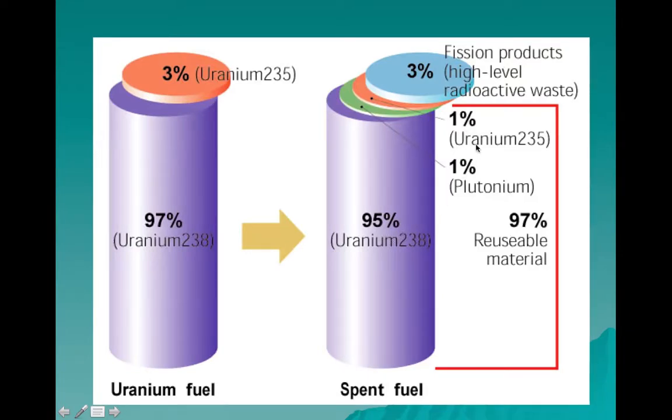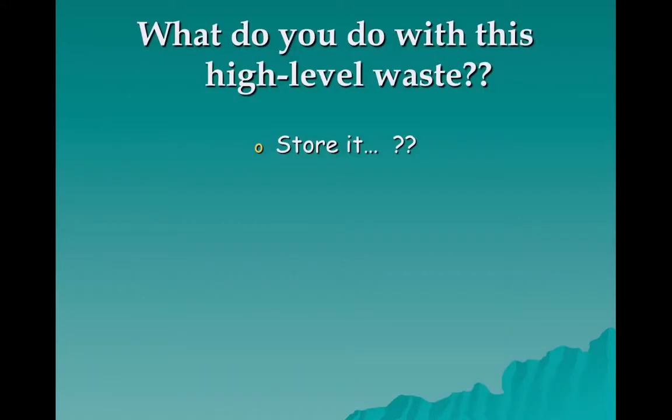Then some 1% is the 235, and these other leftover products are the high-level radioactive wastes. You also have some plutonium, the strontium, all these different elements, because the atoms are breaking up. So you have this uranium, but once you get rid of some protons and neutrons, it's a different atom, but it can still be radioactive. It can still be releasing those gamma rays, which are very damaging.